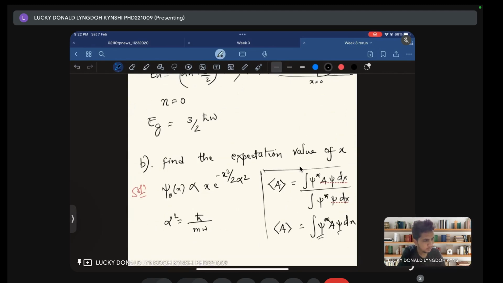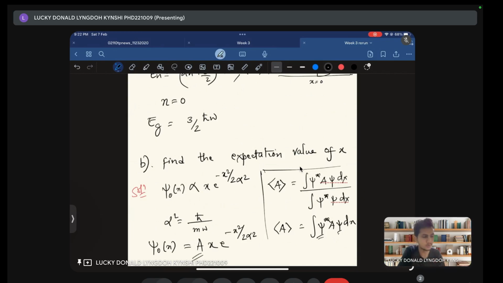Now you can write ψ_0 of x equal to a constant A times x e^(−x²/2α²). Now you know the wave function. So what is the first step after you know the wave function?